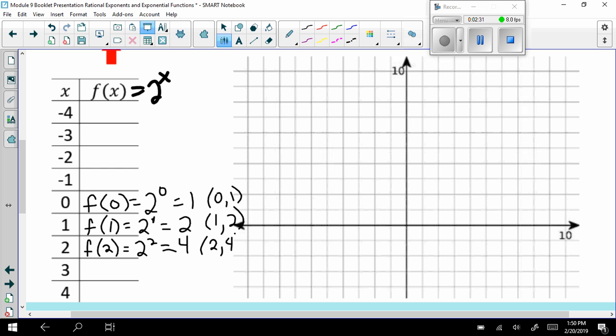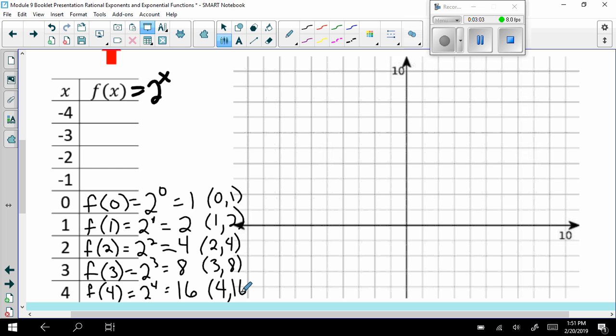So 2, 4. f of 3 is 2 cubed. 2 times 2 is 4, times 2 is 8. So this would be the point 3, 8. And then f of 4 would be 2 to the 4th, which is 2 times 2 times 2 times 2, which is going to be 16. So 4, 16. You'll notice that one actually won't even fit on the graph I gave you.